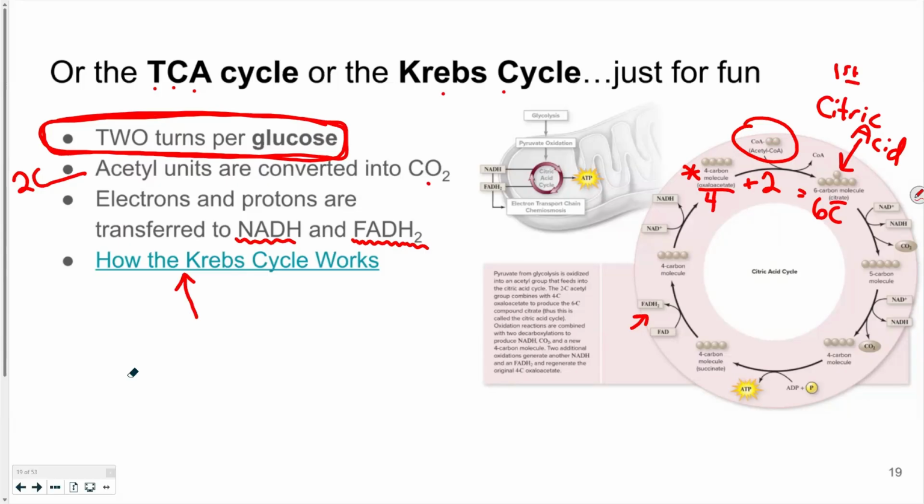The first thing that we're going to do is take some of our NAD+ and convert it to NADH. We're going to pull off 1 carbon. That means that we're going to have a 5-carbon molecule left. We're going to do that again. NAD+ is going to be converted into NADH as we pull off 1 carbon, and now we have a 4-carbon molecule.